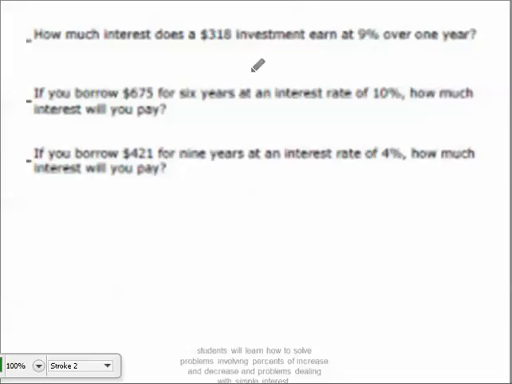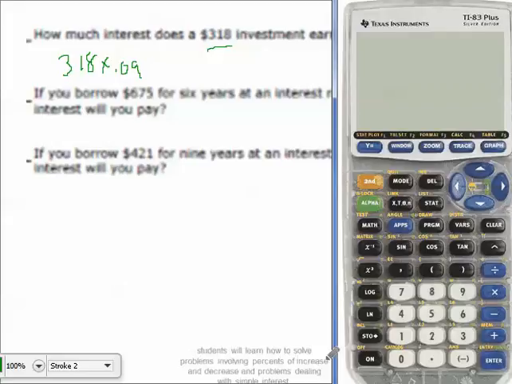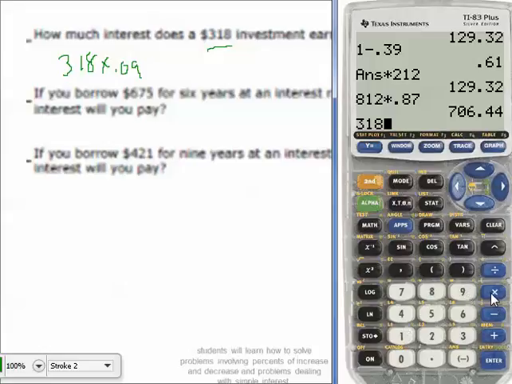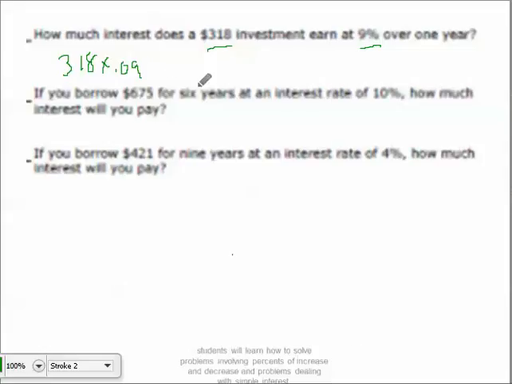Okay. Let's look at a couple more. How much interest does a $318 investment earn at 9% over 1 year? You take 318 times 0.09. That's what it's telling you to do here, is multiply. So I'm going to take 318 times 0.09, and you get $28.62.